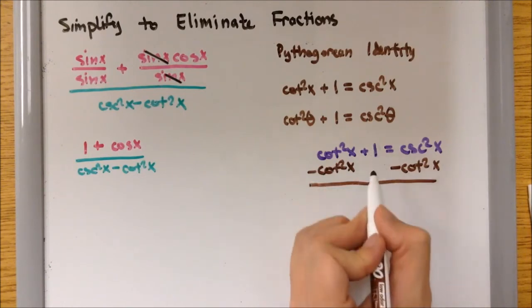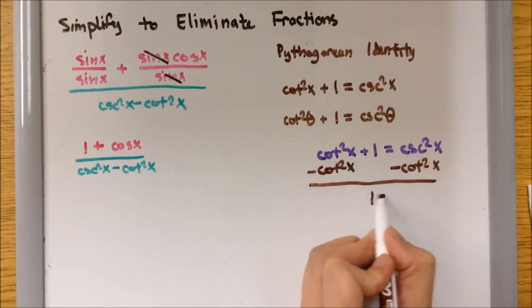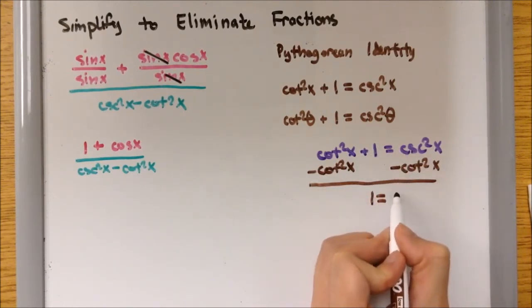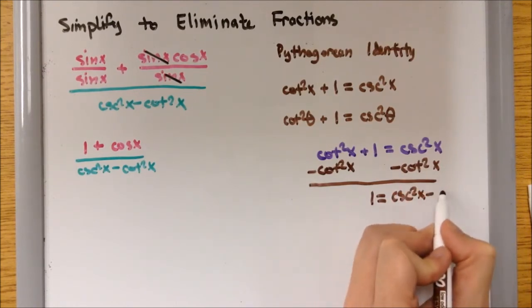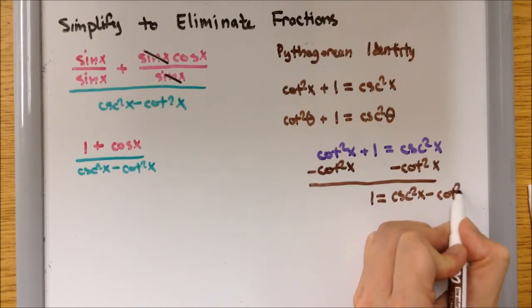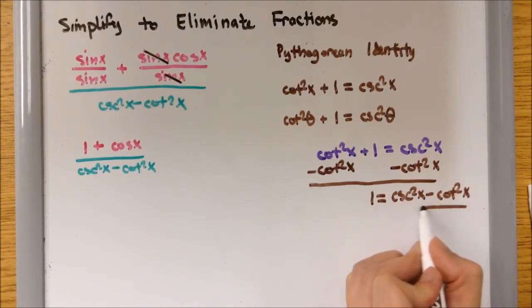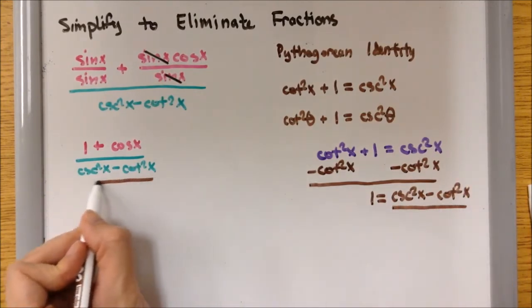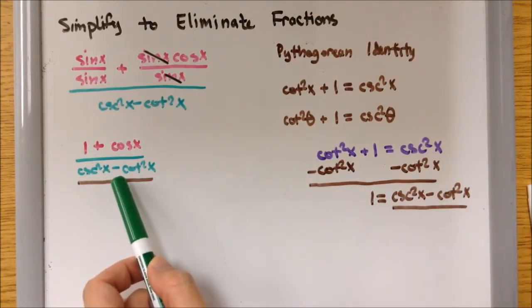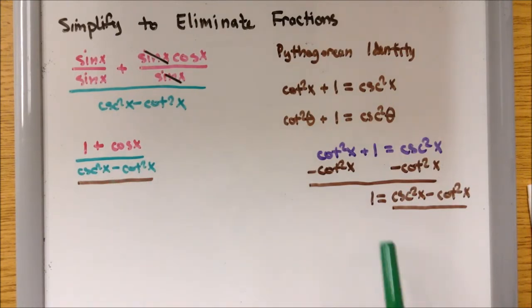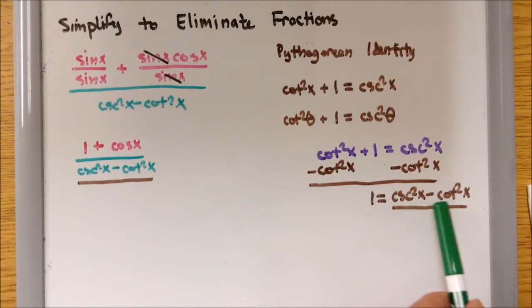So on my left side of the equal sign will be 1. On my right side will be cosecant square x minus cotangent square x. You see how this is the same as that? So what I'm going to do is switch out cosecant square x minus cotangent square x with 1, because cosecant square x minus cotangent square x is equal to 1.